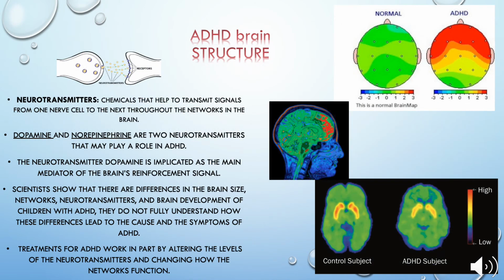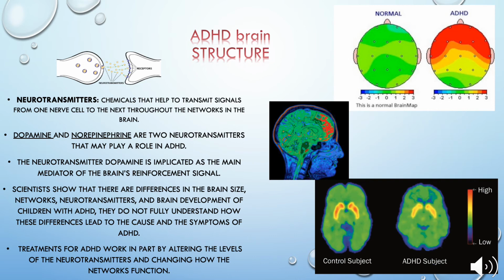ADHD brain structure. Neurotransmitters are chemicals that help to transmit signals from one nerve cell to the next throughout the networks in the brain. There's an example of that on top. Dopamine and norepinephrine are two neurotransmitters that may play a role in ADHD. The neurotransmitter dopamine is implicated as the main mediator of the brain's reinforcement signal.